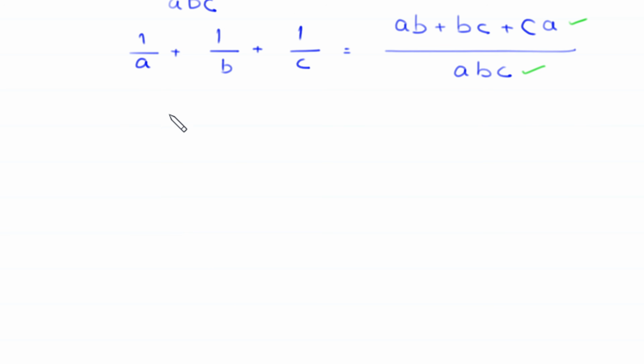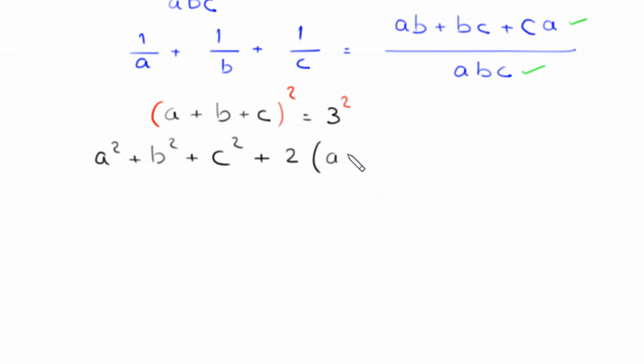So a plus b plus c whole squared is equal to a squared plus b squared plus c squared plus 2 times ab plus bc plus ca, equal to 3 squared, which is 9.